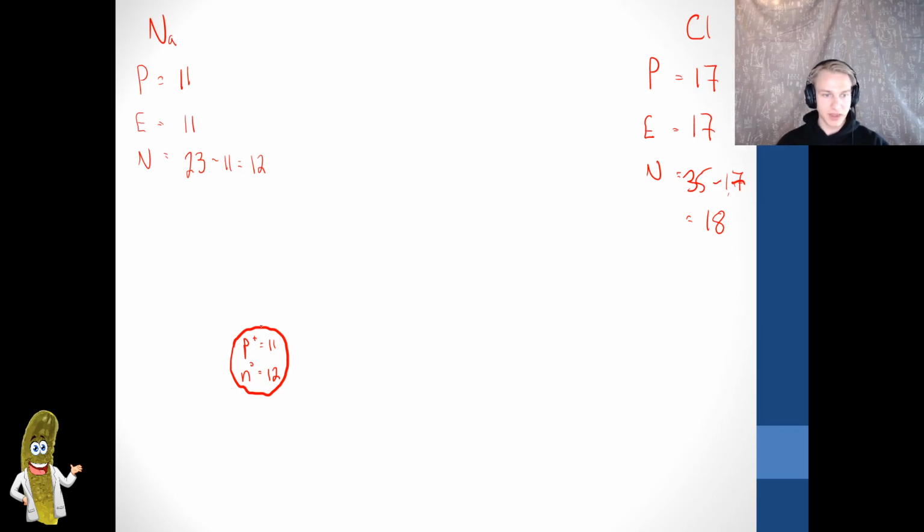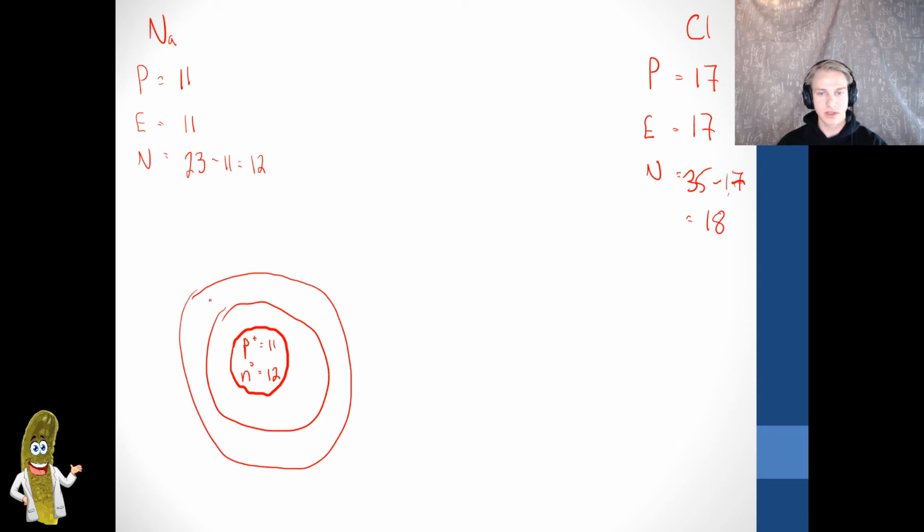So I'm going to draw my 3 rings. 1, 2, sorry, these circles are really bad. And then I would know that I need to put 11 electrons. So I know that this first orbital can hold, oops, sorry, that's the wrong orbital.